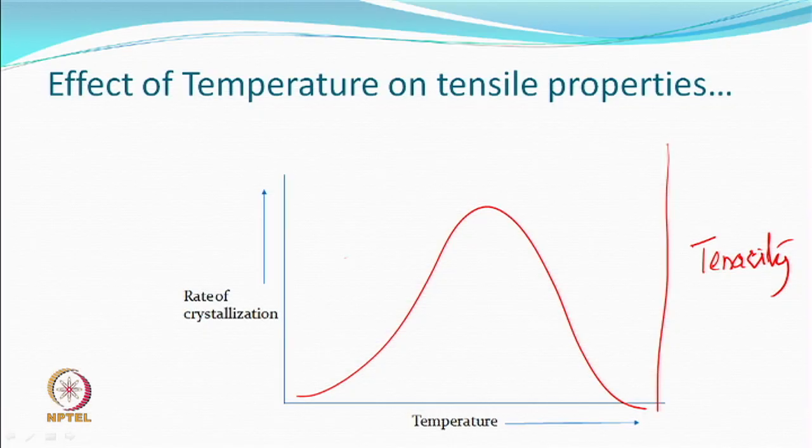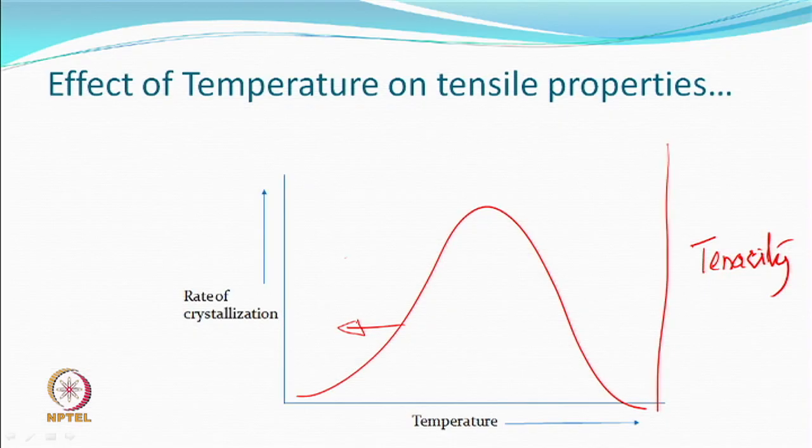Now, would you like to say what is the effect of temperature on tenacity? Decrease. All right. Will it be lower than the parent yarn, or increase and decrease? It will be lower than the parent yarn.